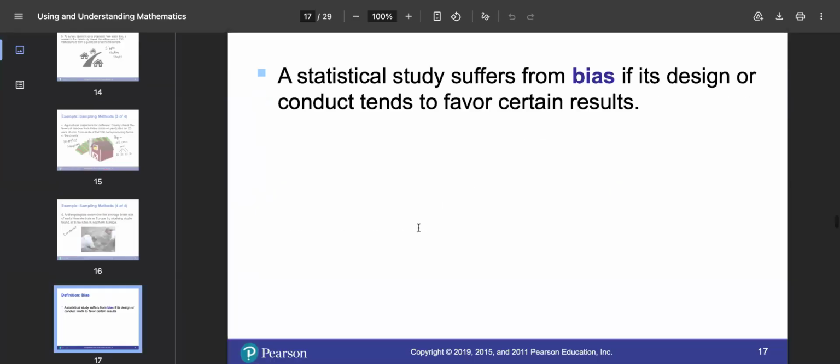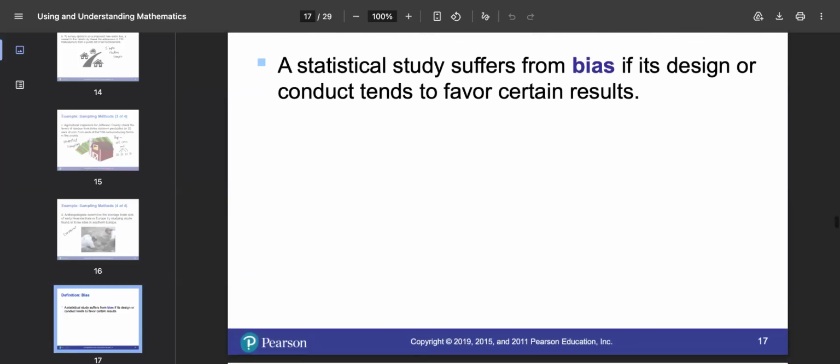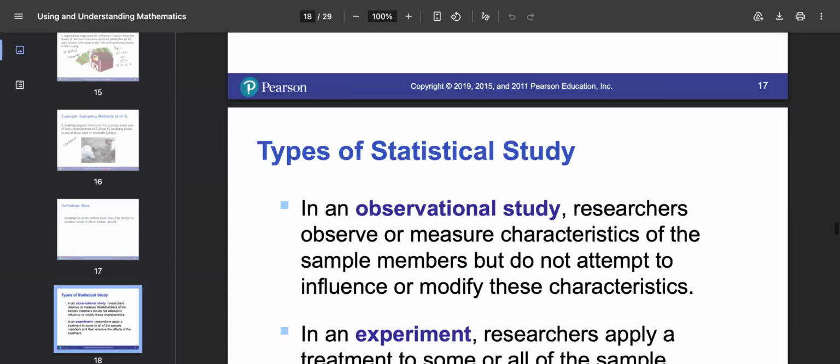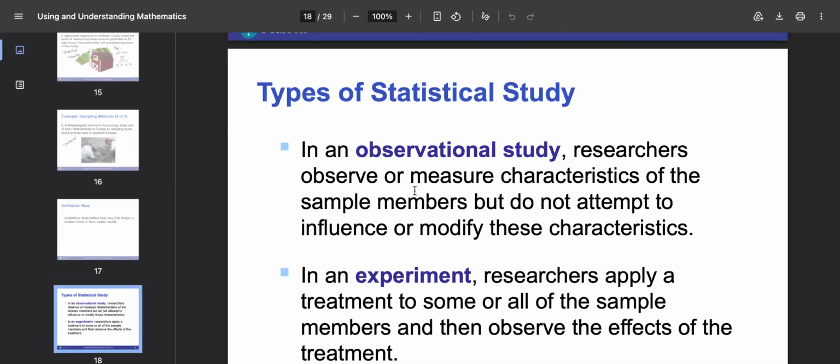So a statistical study suffers from bias if its design or conduct tends to favor certain results. So, there are different kinds of studies. We can talk about an observational study. Researchers observe or measure characteristics of the sample members but do not attempt to influence or modify these characteristics.